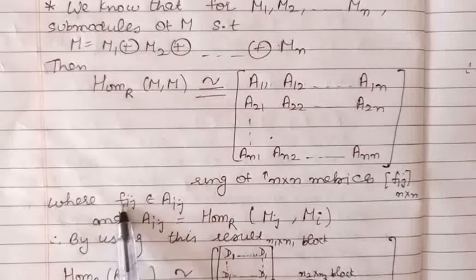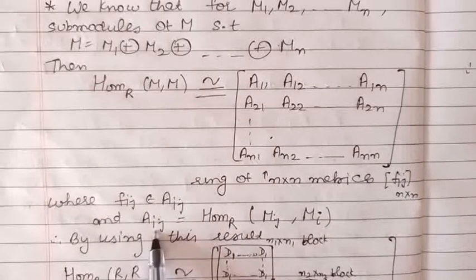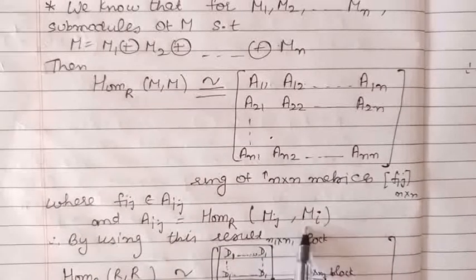Here Fij belongs to Aij, where Aij is the set of all the homomorphisms from module Mj into module Mi. So we can use this result here.